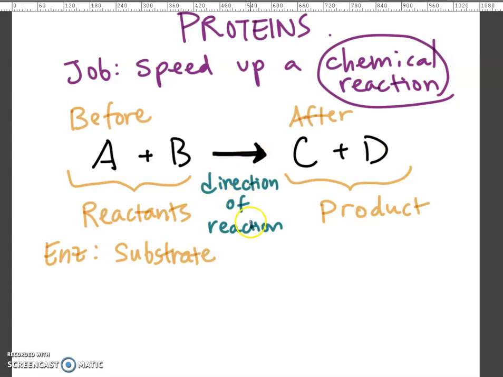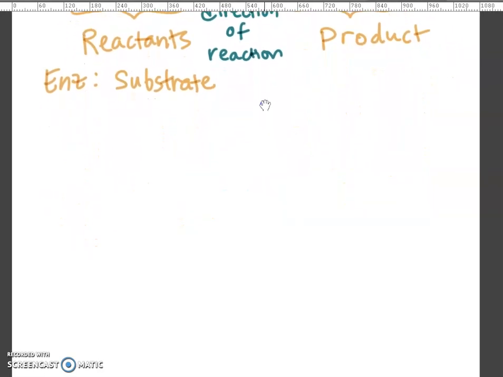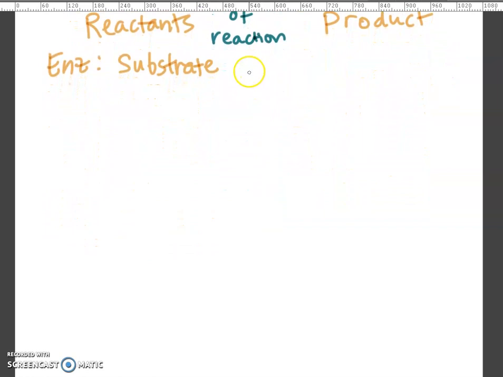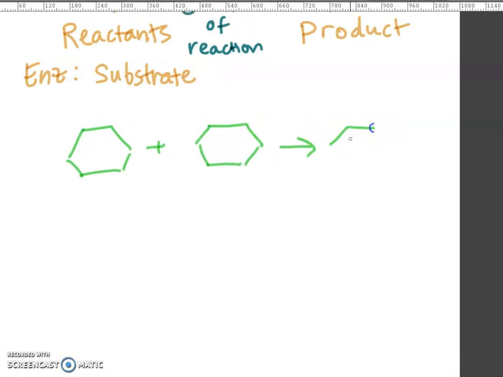Okay, so now let's talk about what happens on a molecular level. When you were talking about all the atoms and all of these molecules, every time we put two things together, like in a dehydration synthesis, we are joining them together.